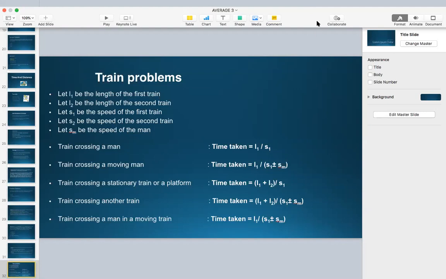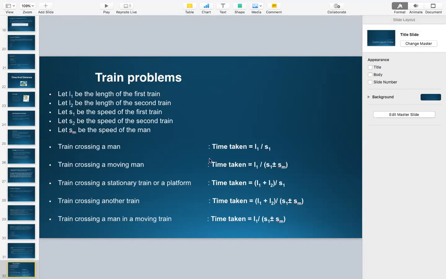Are you able to understand the last scenario? So, in the last case, the time taken by the Shatabdi train to cross you will be equal to the length of the Shatabdi train divided by the relative speed of the two trains, because your train is also moving, the Shatabdi train is also moving, and since there are two objects moving, we will have to consider the relative speed.